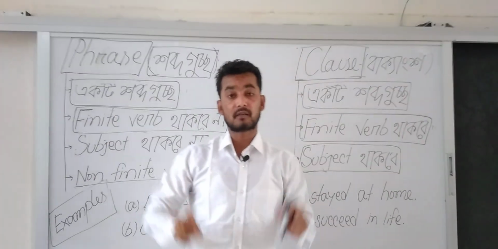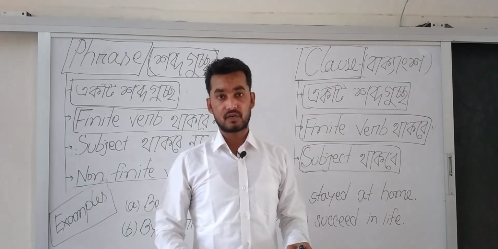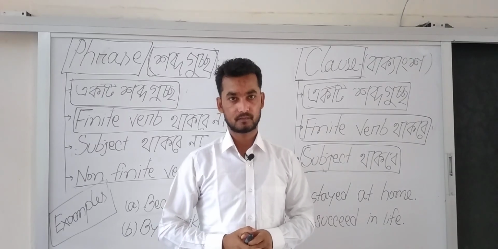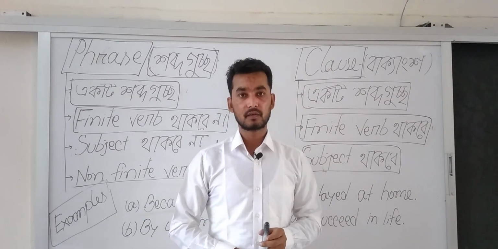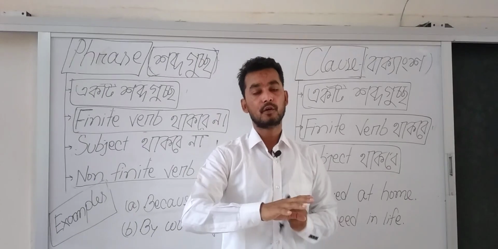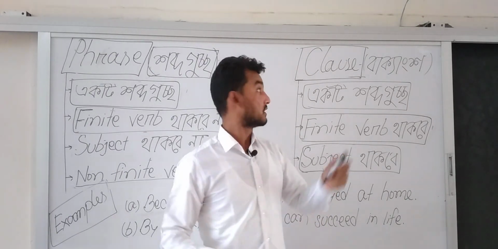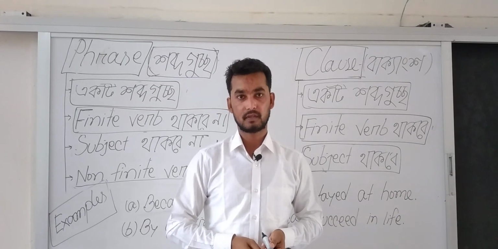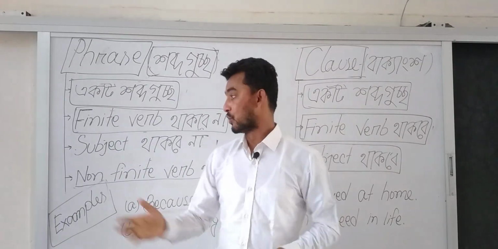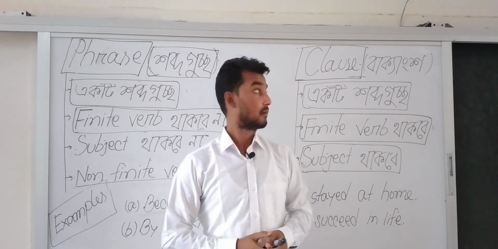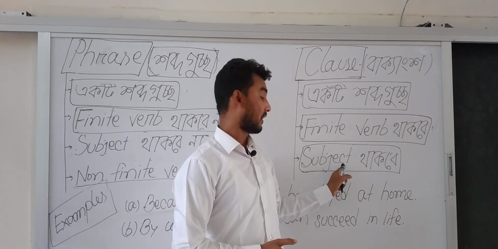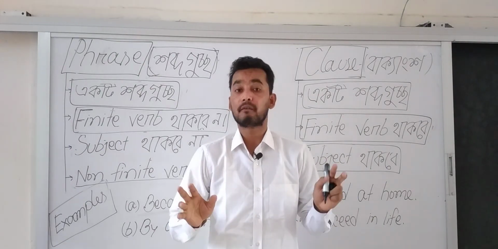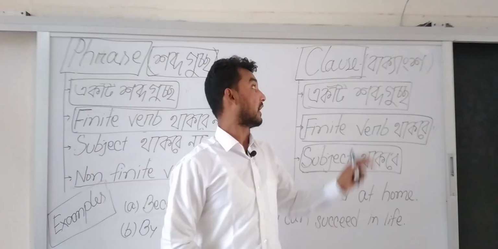And these two are the main differences between phrase and clause. In a phrase, you will find no finite verb, but in a clause, you will find a finite verb. In a phrase, you will find no subject, but in a clause, you will find a subject. These are the main differences between phrase and clause.